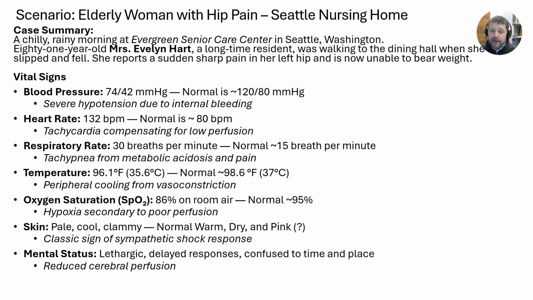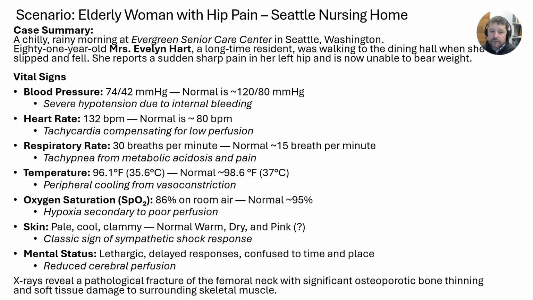Okay. And overall, these kind of vitals might be associated, especially with an 81-year-old individual. It could definitely be a pathological fracture. We talked about these before. Remember, pathological is disease related.